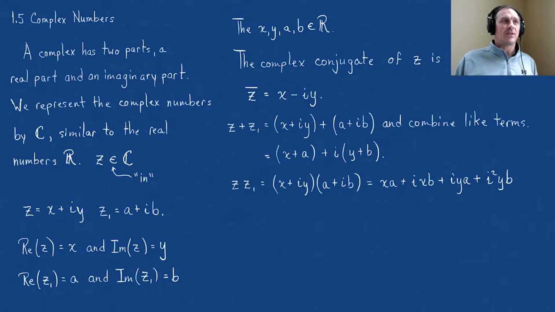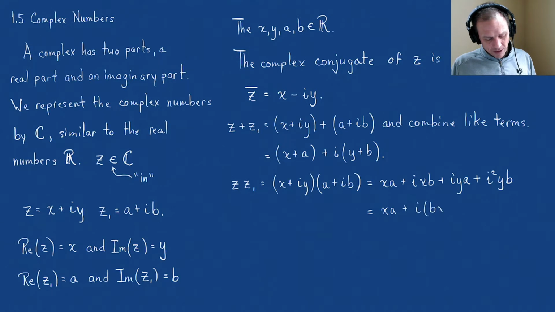Usually letters are in alphabetical order just for tidiness. Well, look at what happens though here. If I combine these, I have an xa, and then I have plus an i times, we'll call it, bx plus ay. But look at what happens out here. This is where, if you recall, i squared is -1.